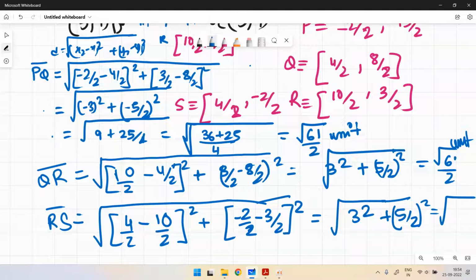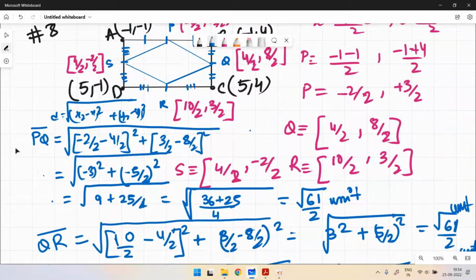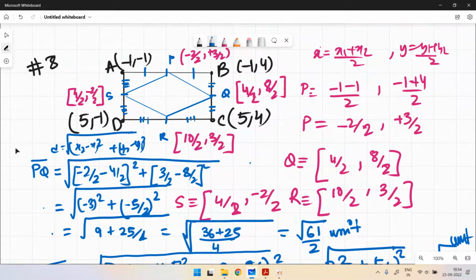Under root, this is 61 only, so 61 by 2 unit. RS is also this.